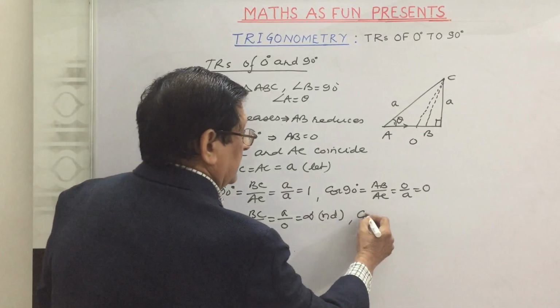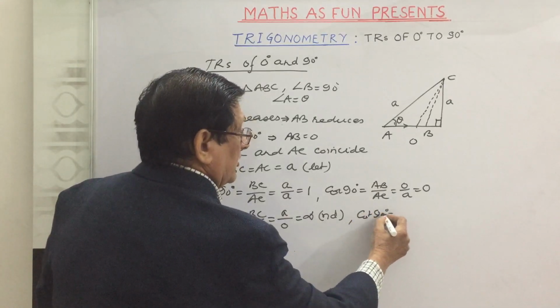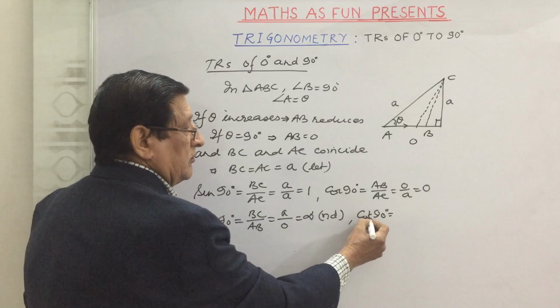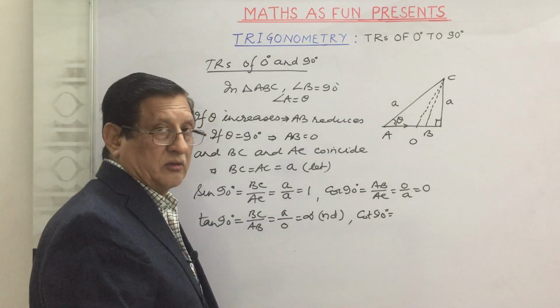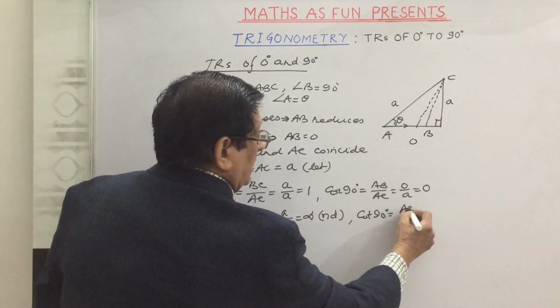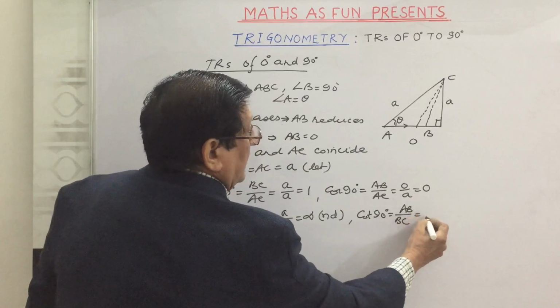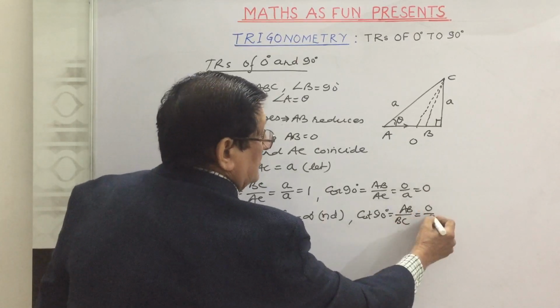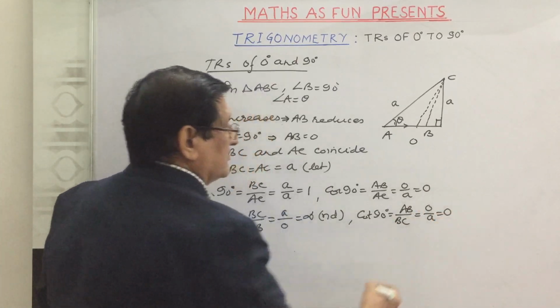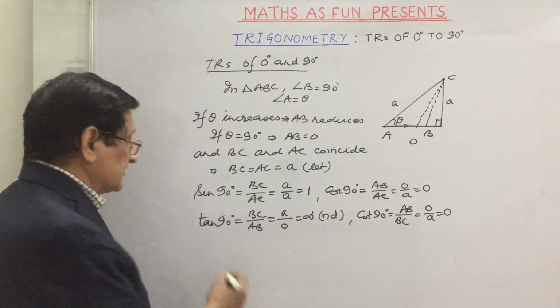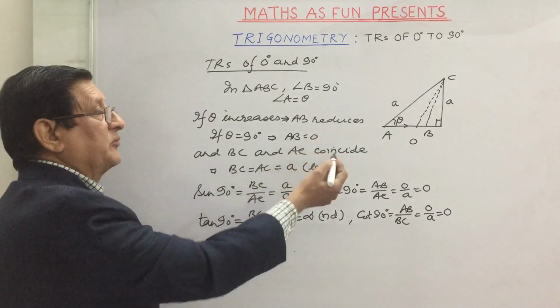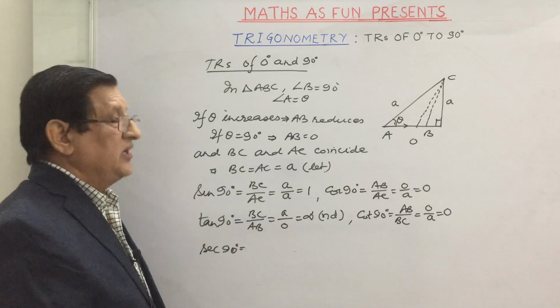Then cot 90. Cot 90 is base upon perpendicular. Base here is AB, perpendicular BC, AB is 0, BC is A and 0 upon A is 0. Sec 90. Sec 90 is hypotenuse upon base.